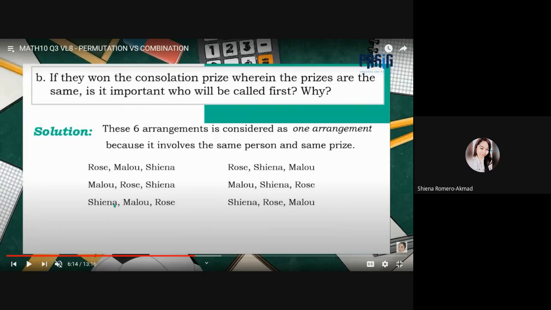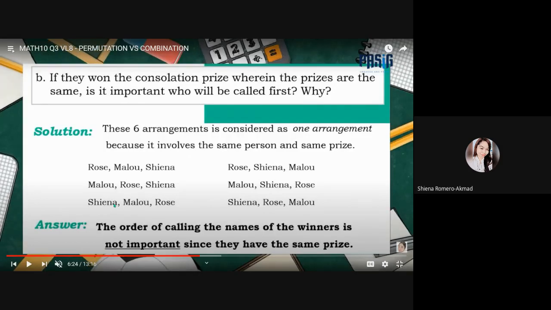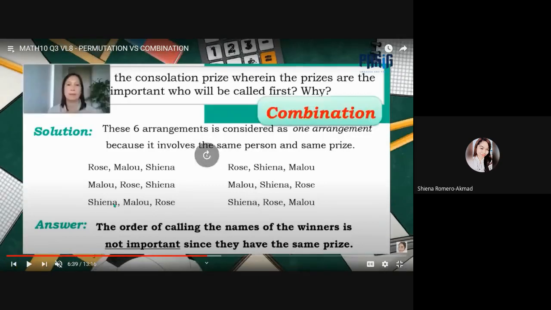Since they involve the same person and the same prizes, it doesn't matter kung sinong mauunang tawagin. So here, order doesn't matter and we only have one arrangement. Kapag ganyan yung sitwasyon na binigay sa inyo, that involves combination. Yun ang pinagkaiba niya kay permutation. Nagkakaintindihan po ba?